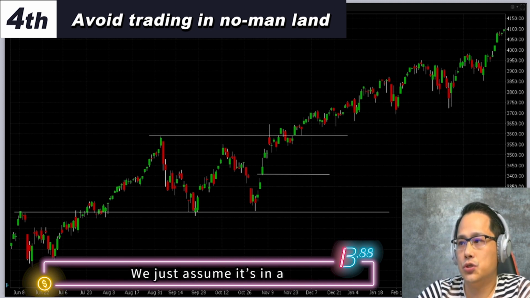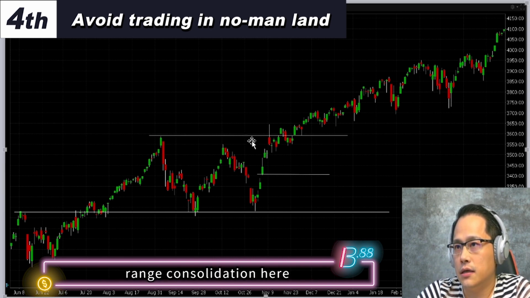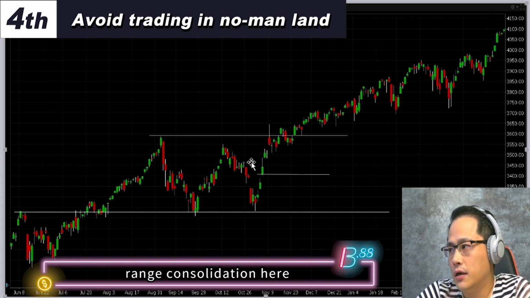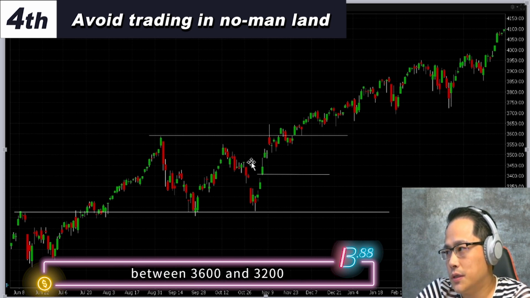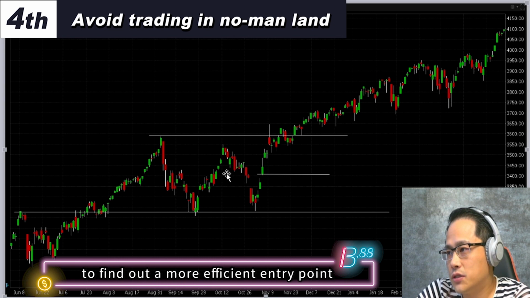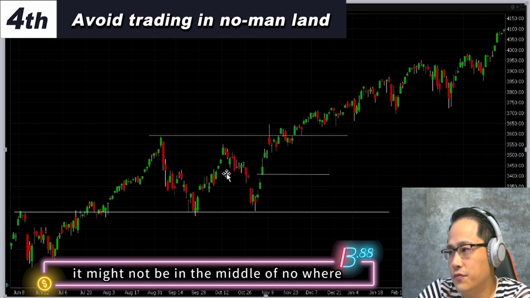We just assume it's in a range consolidation. This example is from the S&P index. If it's in a range consolidation between 3,600 and 3,200, and we want to find a more efficient entry point, it might not be in the middle of nowhere.